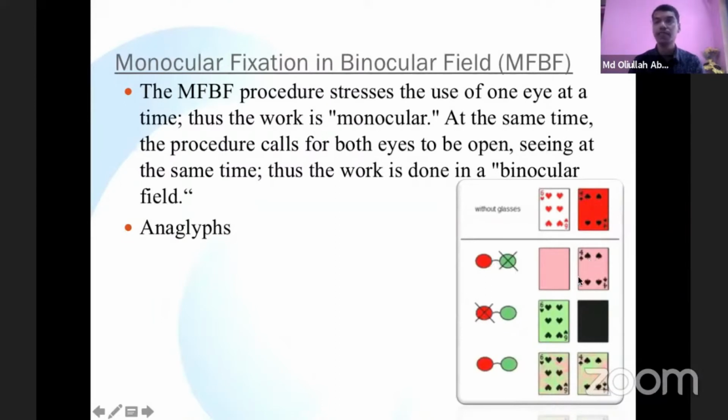So from the right eye, the patient sees the opposite card, whereas from the left eye, the patient sees the other eye's card. This is when you have a white background and anaglyphic goggles. When you change the background to black, or a reverse polarity, exactly the opposite happens. So you need to take that into consideration very precisely.